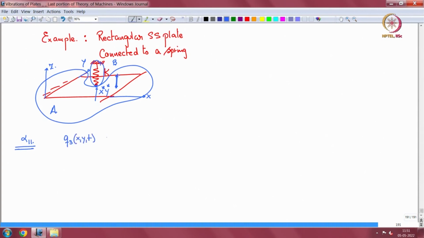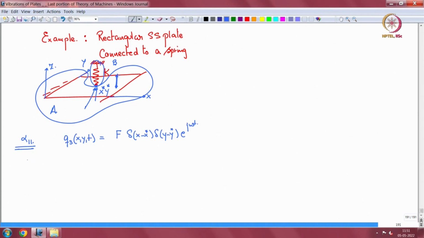If a force F is applied at x star, y star on system A, then delta x minus x star, all these we have seen now, so I will not elaborate again.